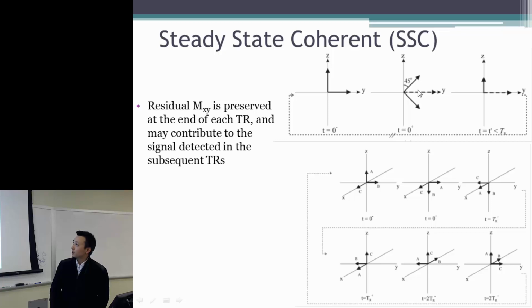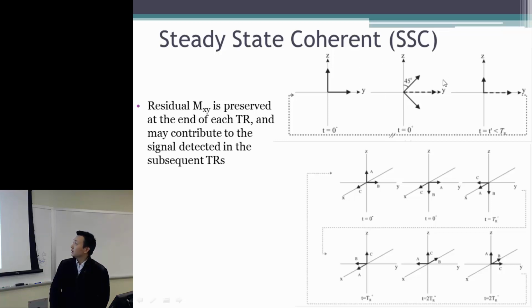Part of it is tipped to the transverse plane, and part of it remains along the Z-axis. For this transverse magnetization, we also tip it, because the RF pulse tips everything. So part of this transverse magnetization is tipped back to the longitudinal axis, but part of it still remains transverse.